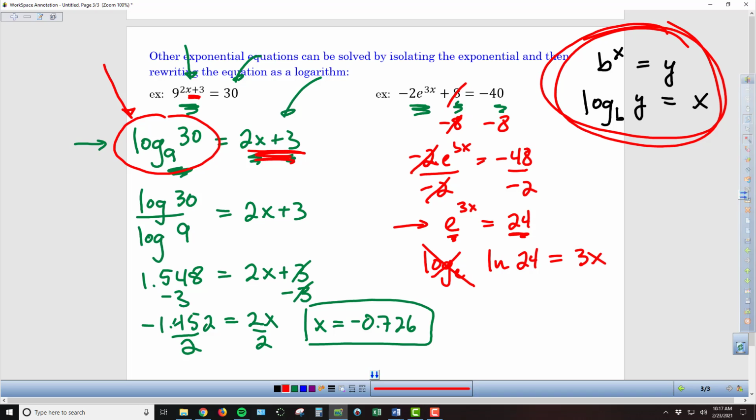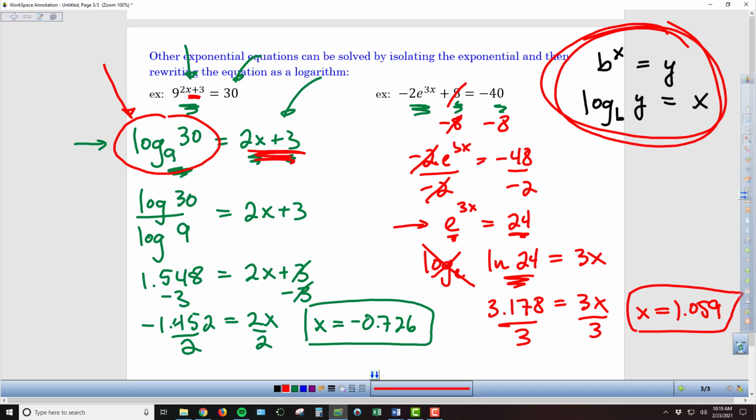And so now I'm ready to move to my calculator. I use the ln key to find the natural log of 24, and so we get 3.178, again rounding off to the nearest thousandth, and so that still equals 3x on the other side. So then our last step is to divide both sides by 3, and so we get x equals 1.059.